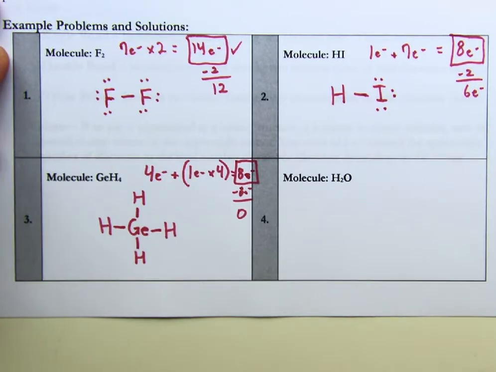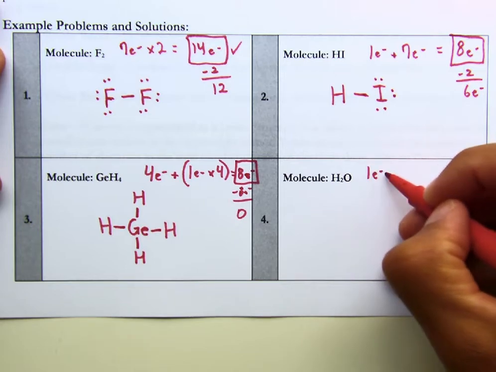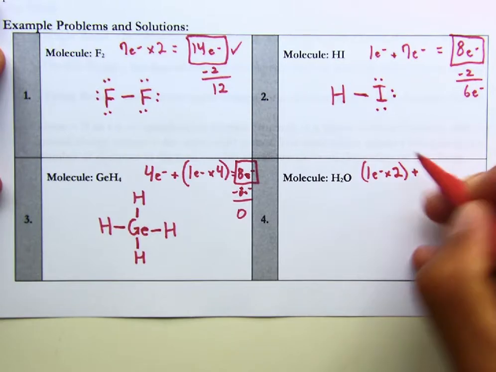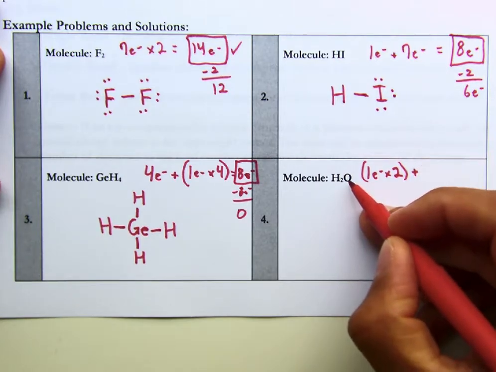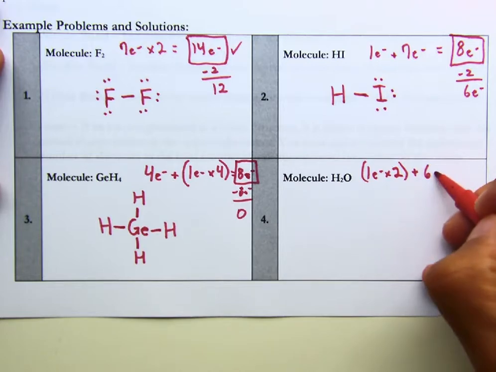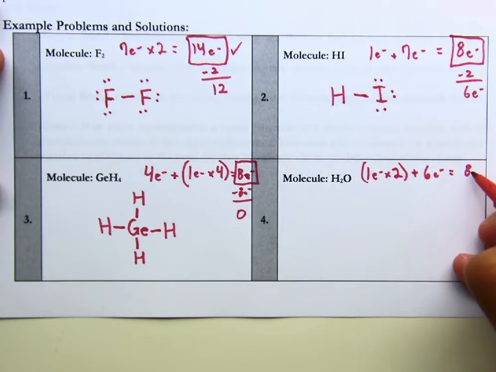How about H2O? So as we just said, hydrogen has 1 electron, and there are 2 hydrogens. And then oxygen is in column 6A on the periodic table. It's this third one from the right. It has 6 electrons. So 2 plus 6, again, is 8 electrons total.